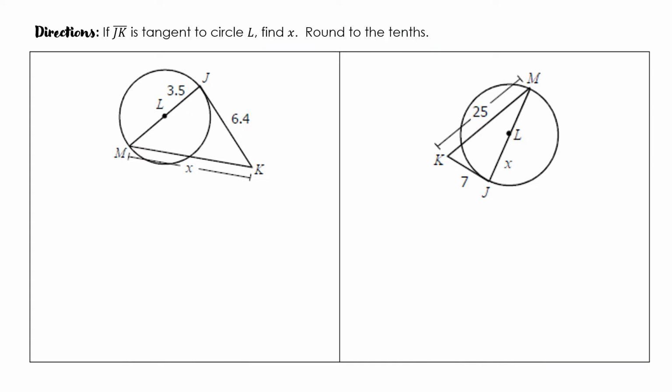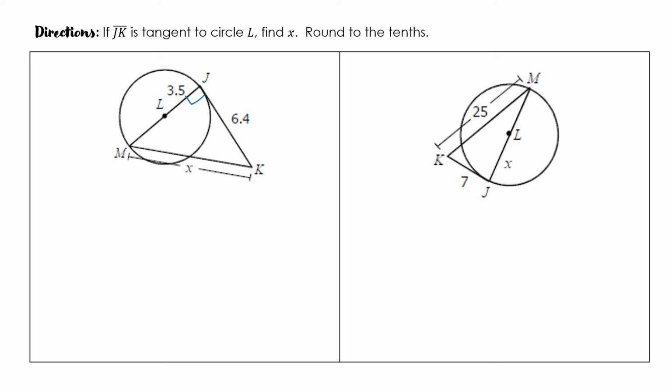We have two more similar examples to the previous two. So on the one on the left, we are looking for x, which if JK is tangent to circle L, then we know that angle J is a right angle.